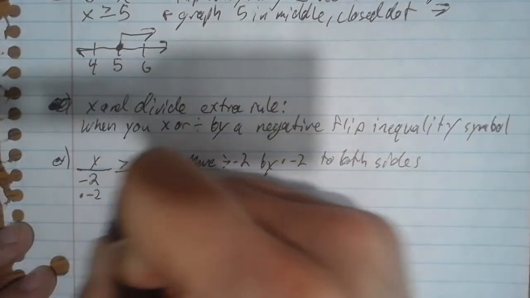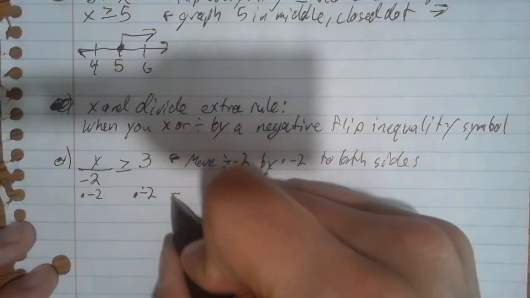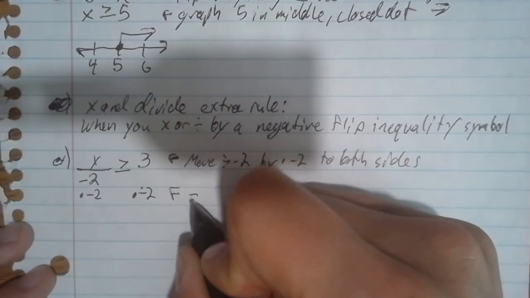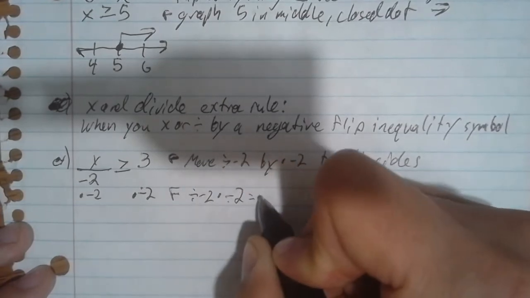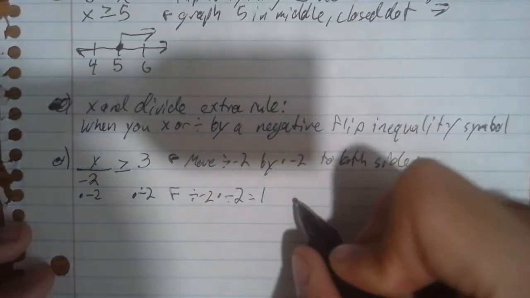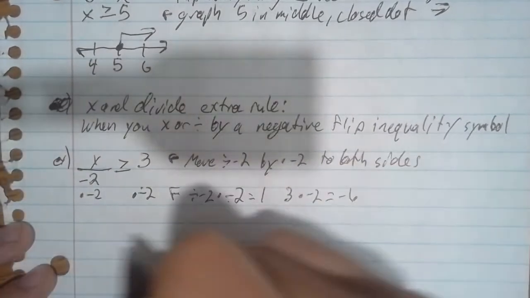So times negative 2, times negative 2. Divide by negative 2 times negative 2 equals 1, which is what we want. And 3 times negative 2 equals negative 6.